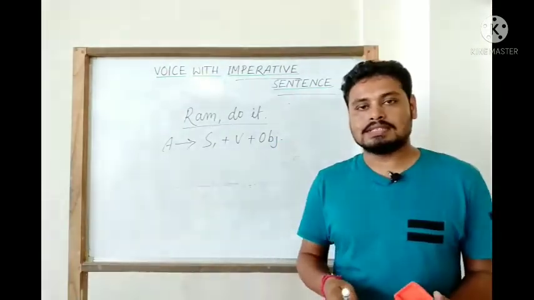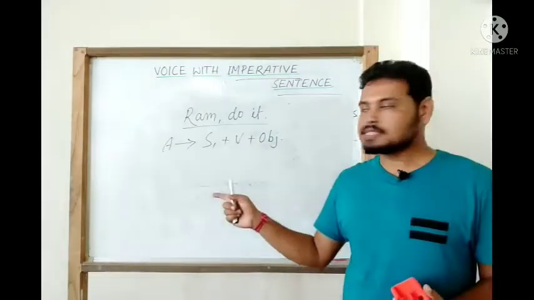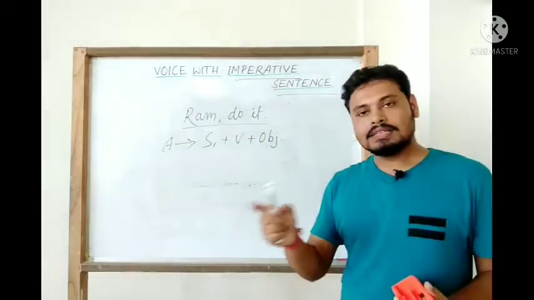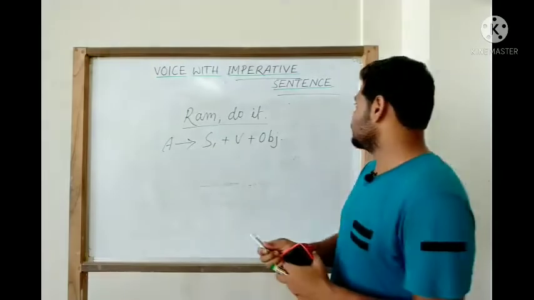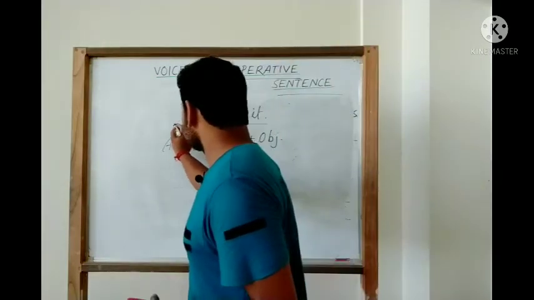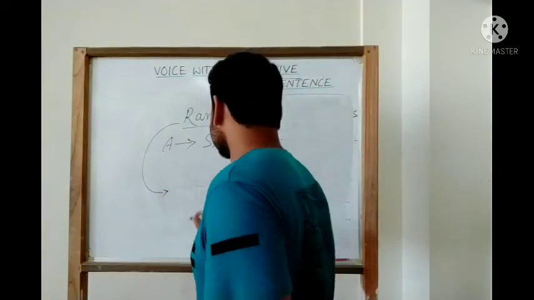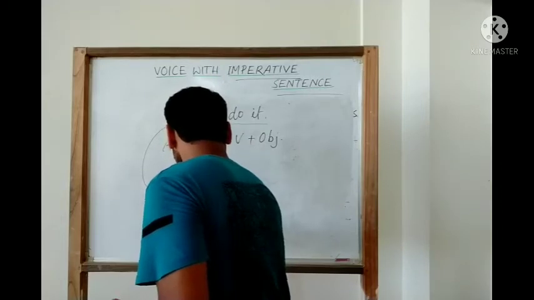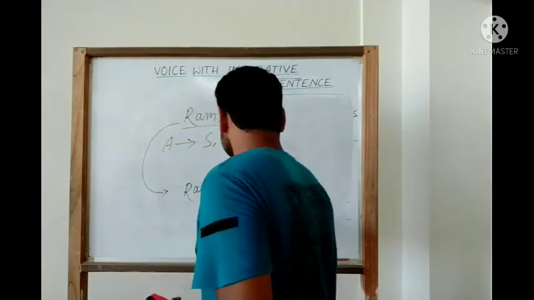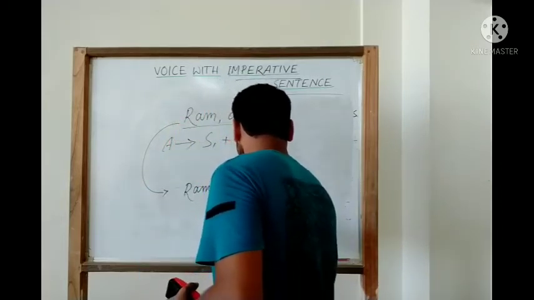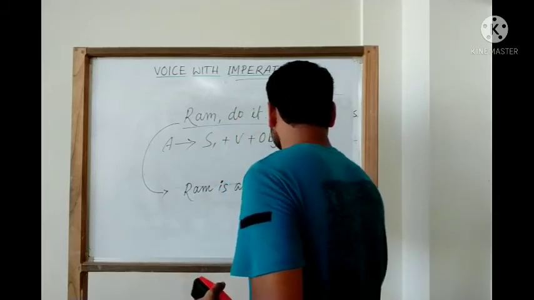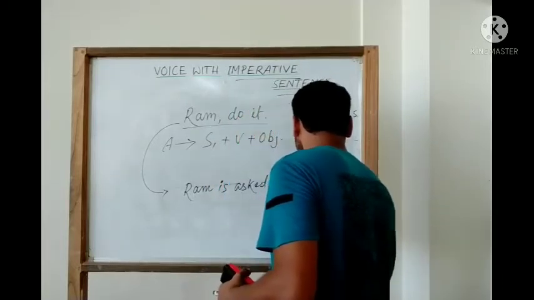So how to change this? Let us first change this sentence into passive, then we will follow the structure. If we just change it into passive, it would be Ram is asked to do it.